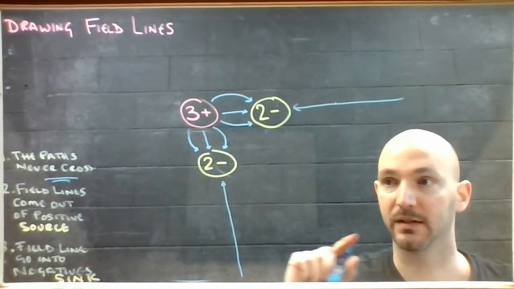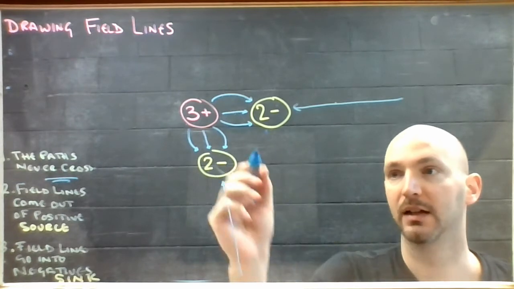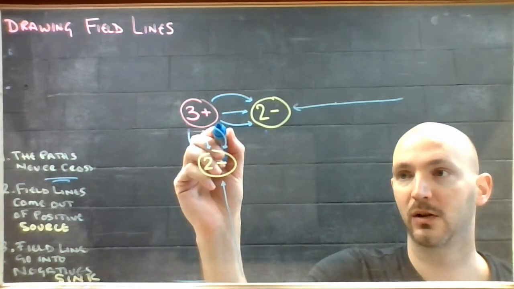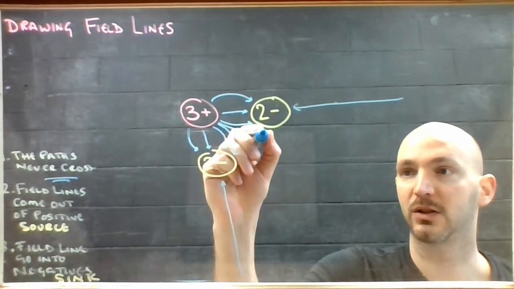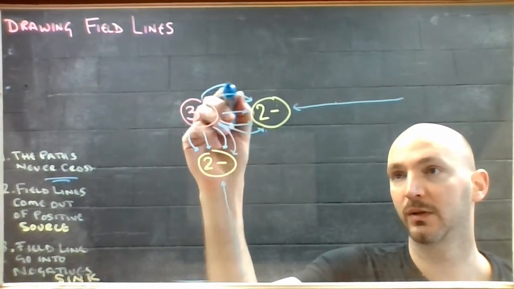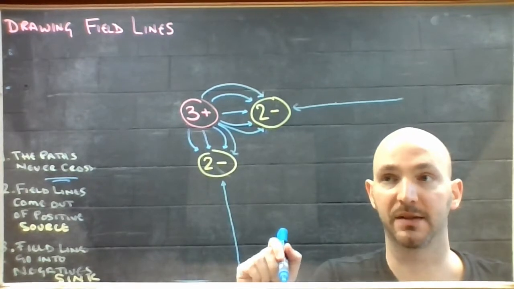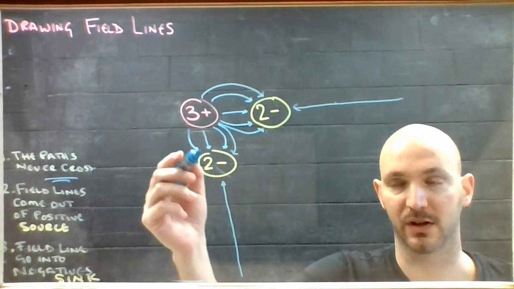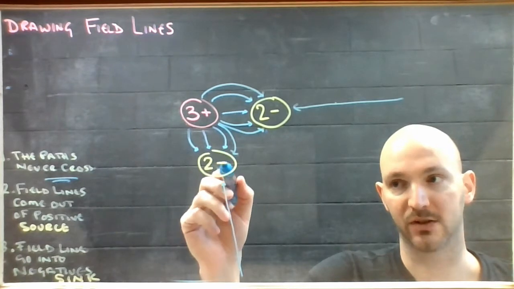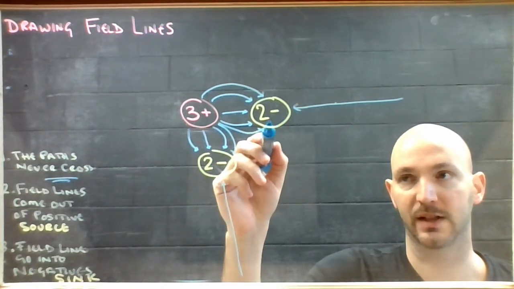Well, that's fine. So I'm going to keep drawing these. I'm going to draw 1, 2, 3 from my positive into my negatives. So there's 9 now. That's 3 per positive charge. I'm going to have to add 2 lines to this and 2 lines to that. Well, I got 1.